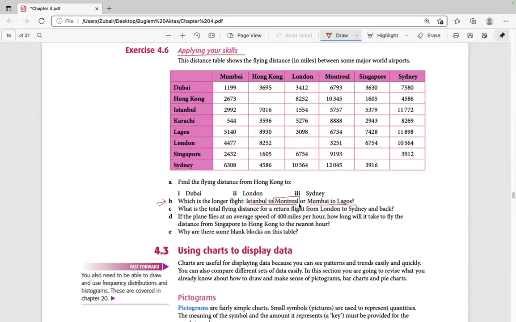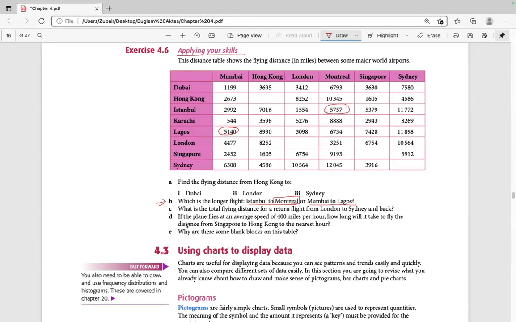Okay, this Montreal is a coincidence. Where's Mumbai on the table? Oh, there it is. That's the first one at the top. Istanbul to Montreal, so this was the one. Istanbul and Montreal, correct.